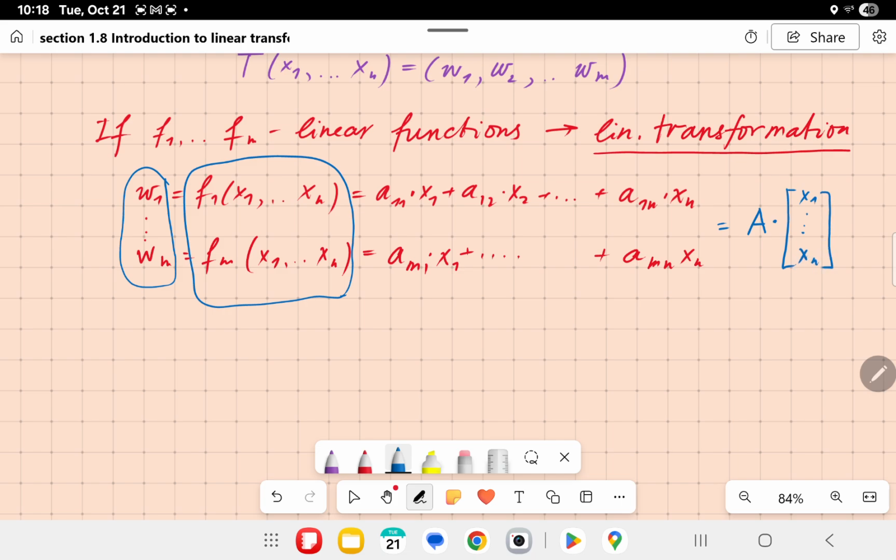It's just like you take the first row of that matrix A and multiply it by x1, ..., xn, then the second row. How is matrix A going to look? Matrix A is going to look like this: a11, a12, a1n, lots of other numbers, am1 and amn. Just imagine that you multiply this matrix by this column x1, ..., xn, you are going to get this expression like a linear system, right? And these ones are going to be the column on the right side, the resulting vector, okay?